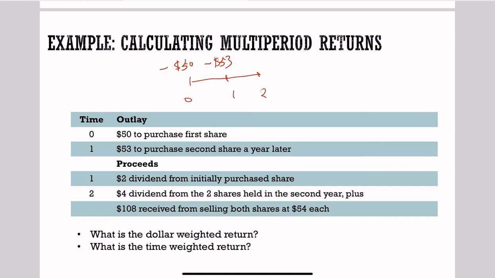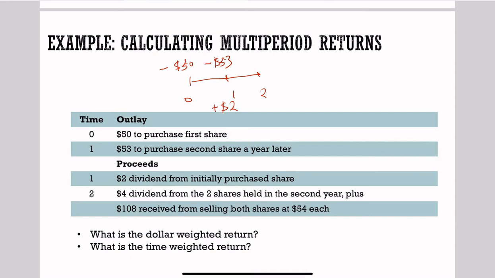And then at the end of the first year, you will get $2 dividend. Of course, this is your cash inflow. And then at the end of the second year, you decide to sell both shares.